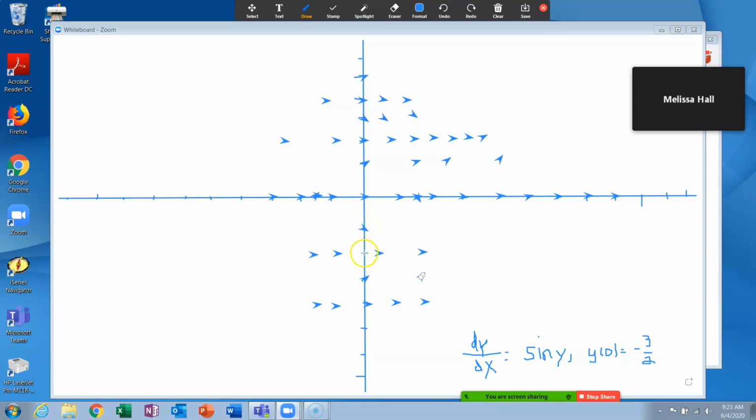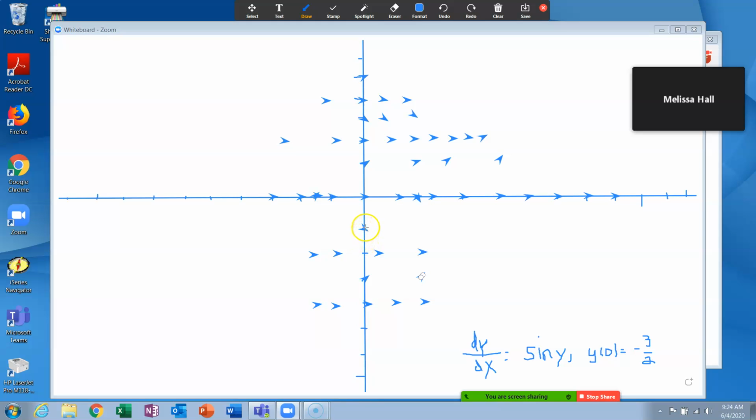Wait, this is, okay. -3/2. I've drawn my graph in this. This is -pi, right? That's how we drew it. -pi is -3.14, right?